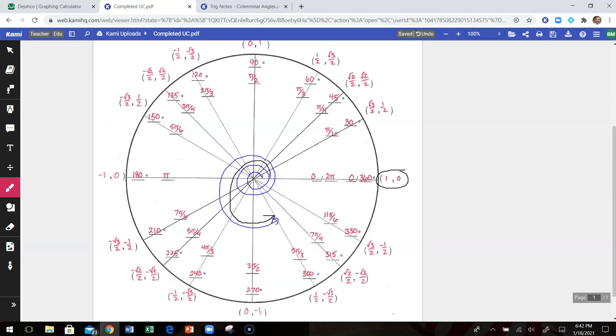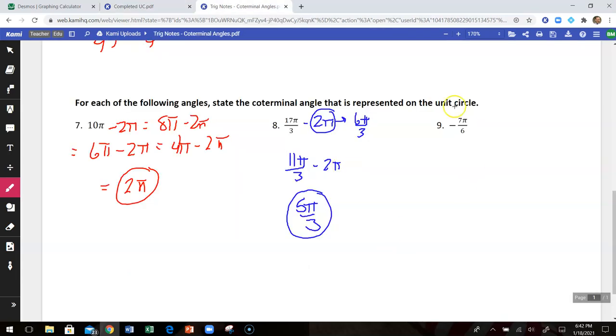So that blue spiral is the angle 17 pi over 3. It's 2 full rotations and then ends up at 5 pi over 3. But the idea is they end at the same location. Right? 17 pi over 3 and 5 pi over 3.